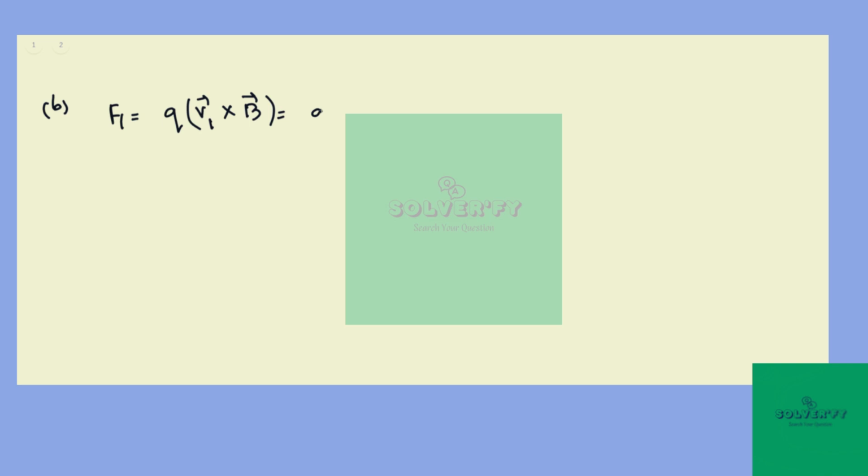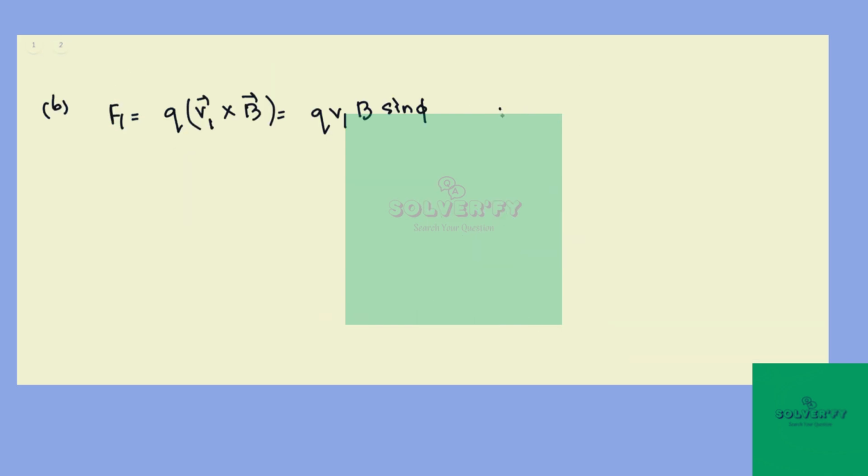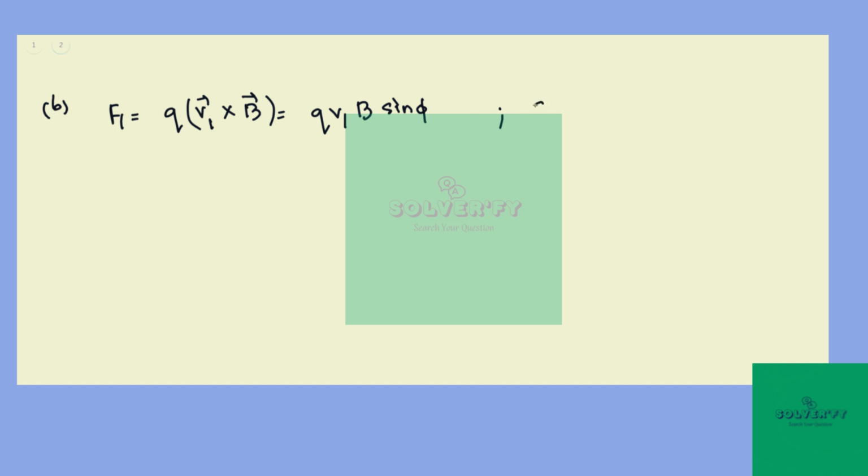This is equal to Q times V1 times the magnitude of the magnetic field times sine phi. And phi is 45 degrees in this case, because we already found B to be along the y direction, so this angle is also 45 degrees.